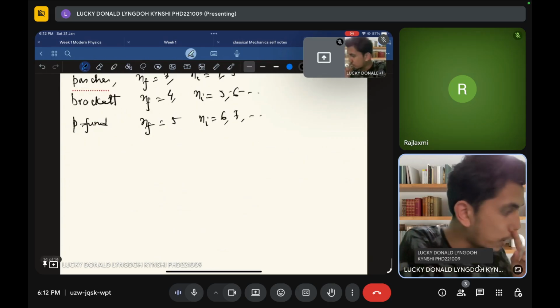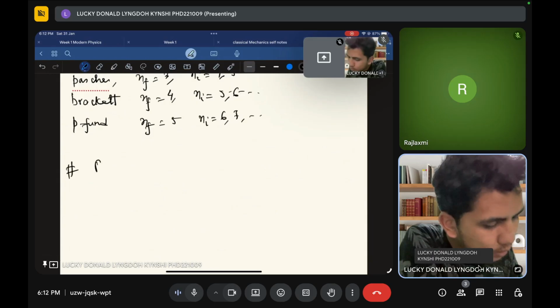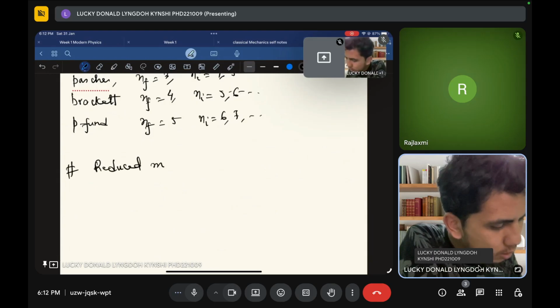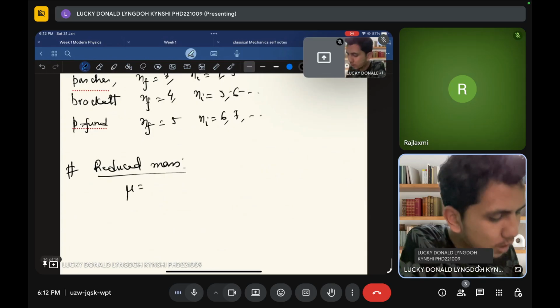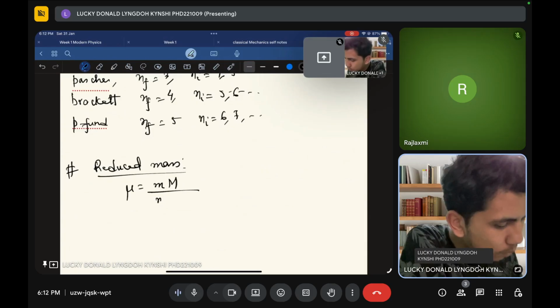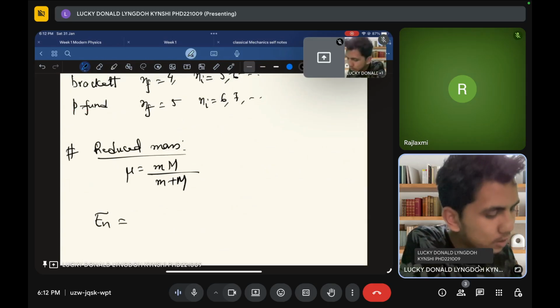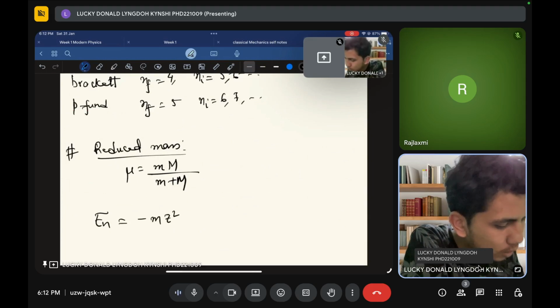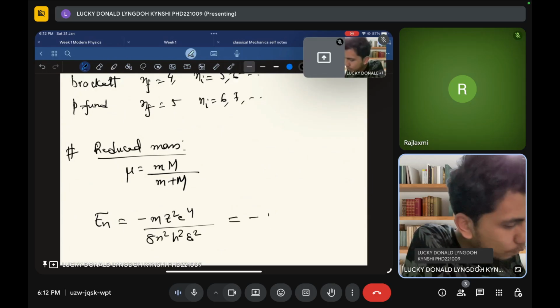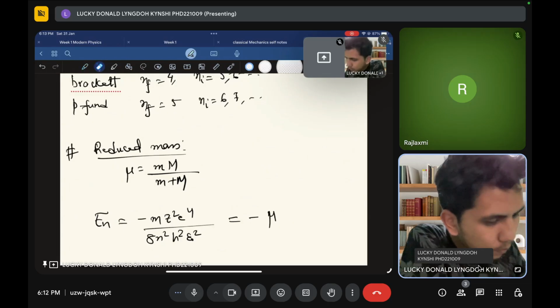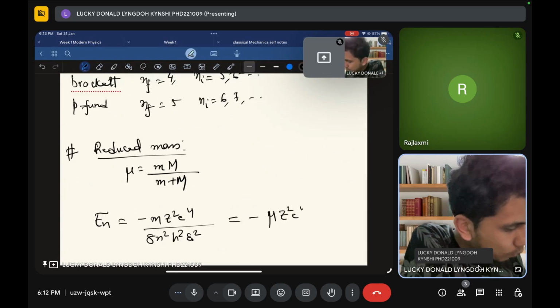But before we do that, I'll just introduce one more term, reduced mass. Suppose there are two masses or finite masses, you can represent the reduced mass mu as small m, capital M divided by small m plus capital M. I will not derive this one, I'll just give it to you, because in energy now, instead of En is equal to minus of m Z square e to the power 4 divided by 8 n square h square epsilon naught square, you can replace it to be minus mu Z square e to the power 4 divided by 8 n square h square epsilon naught square.